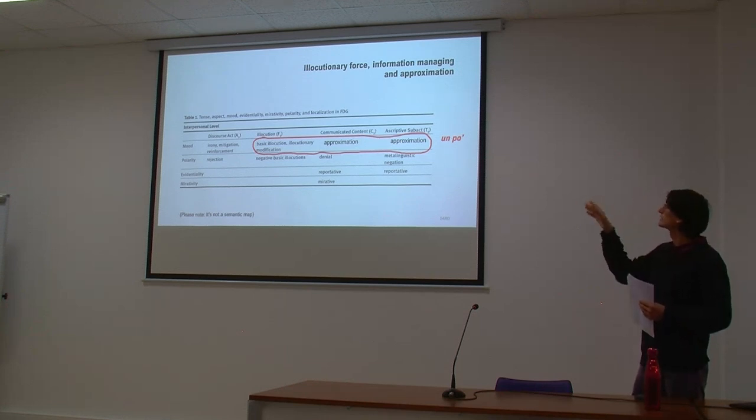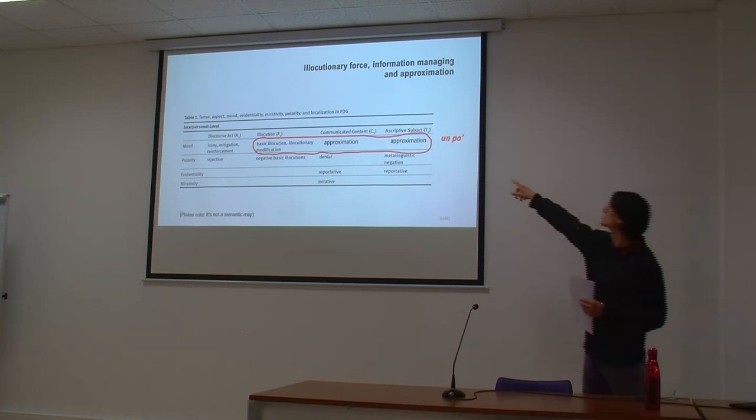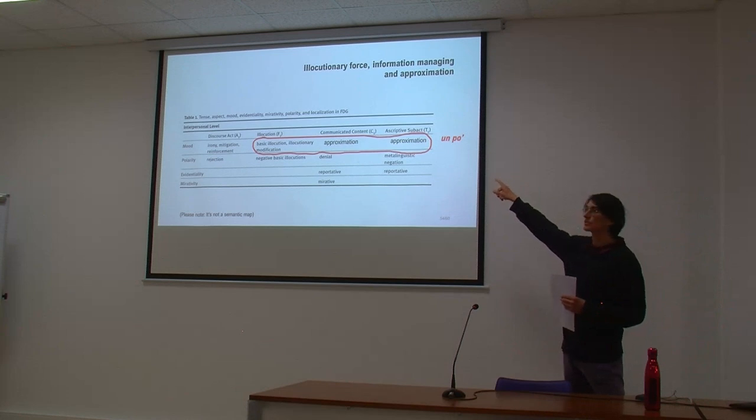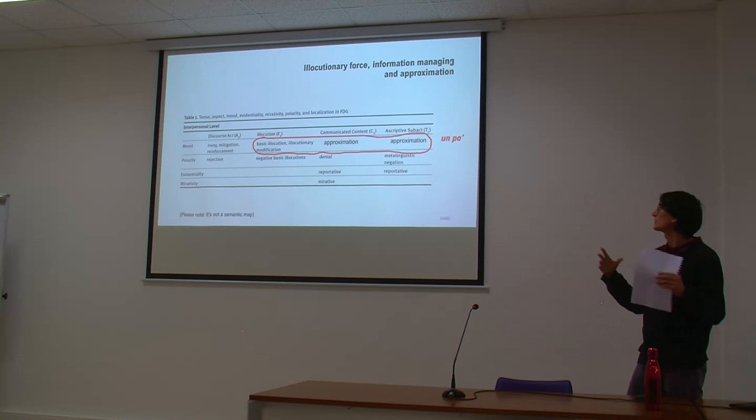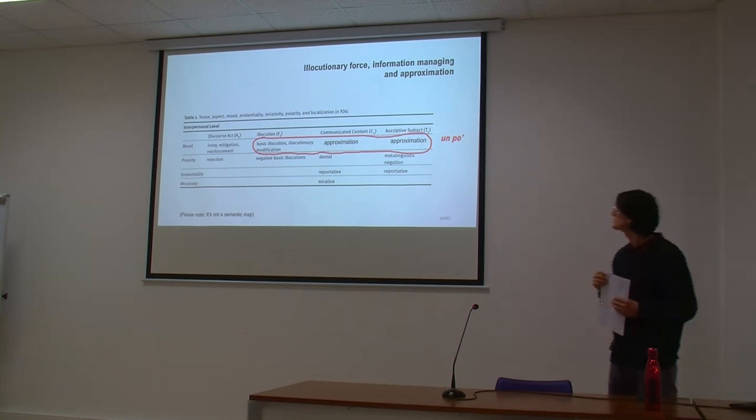And so we see that among these 4 layers, un po' can mark illocutionary modification and basic illocution, approximation, and approximation at the ascriptive subact. Let's say that this one is when it operates just on the noun phrase, and the other approximation is when it operates on the whole sentence.